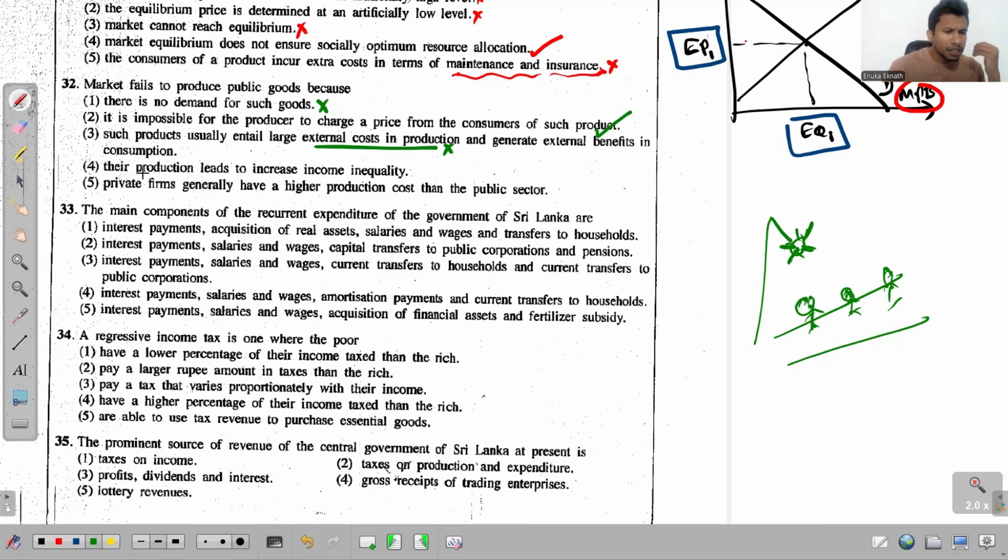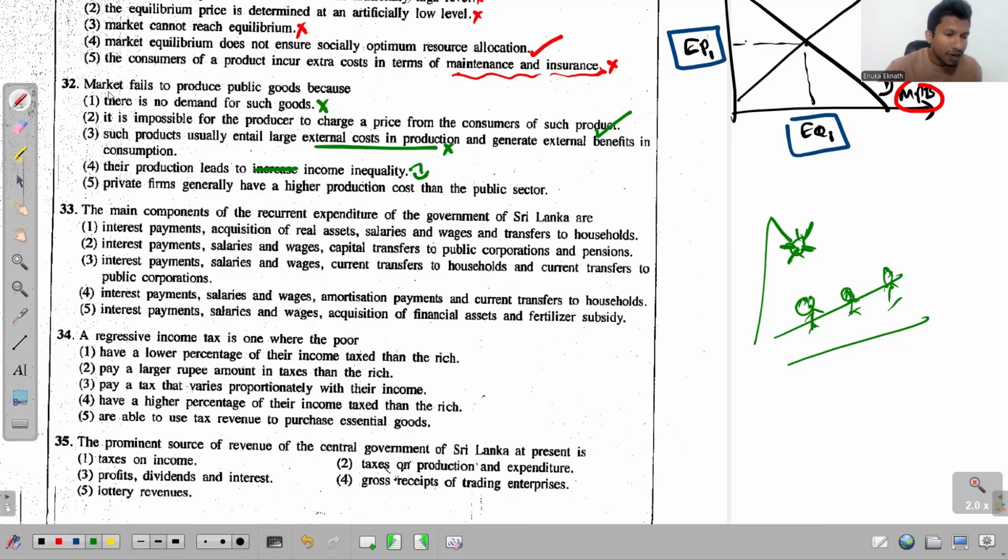And the fourth one says their production leads to increase income inequality. No, in general, the production of public goods decrease the income inequality. හැබැයි මේකේ දැන් ඇත්තටම ඔයා මෙහෙම හිතන්නකෝ, their production leads to decrease income inequality කියලා තිබුණා කියලා. Then again, this is not the answer. ඇයි ඒ? Then the statement is true, but still that is not the answer.